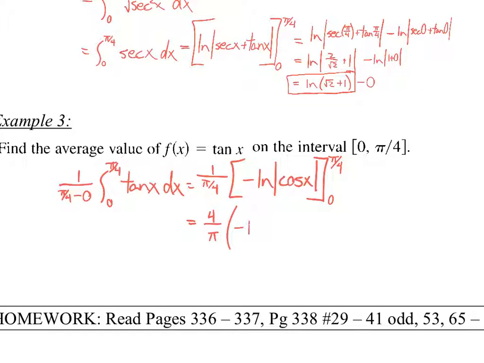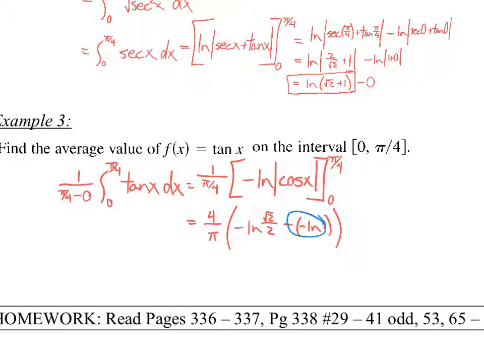We have negative ln of cosine of pi over 4, which is root 2 over 2, minus negative ln of cosine of 0, which is 1. So what's ln of 1? It's 0. Wait, where'd you get the other negative from?